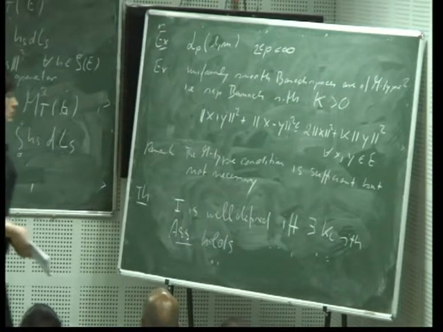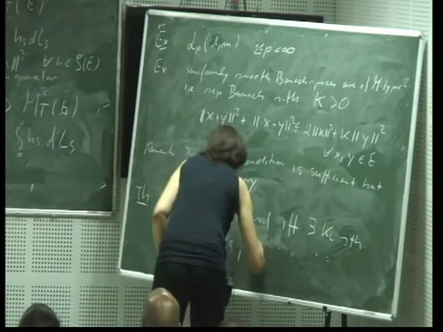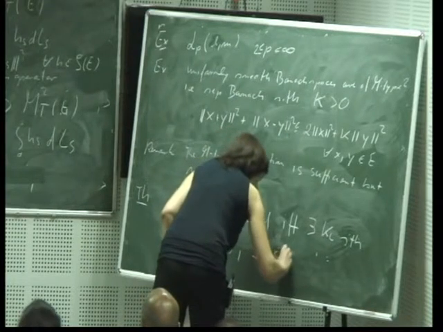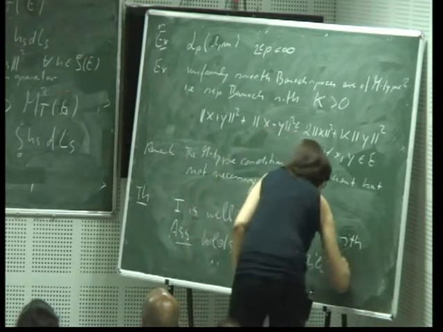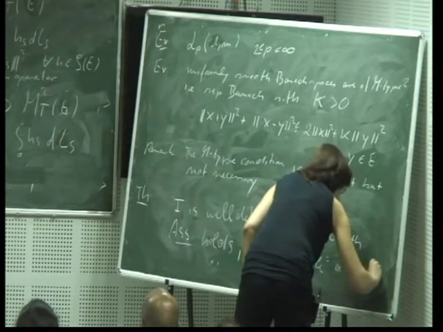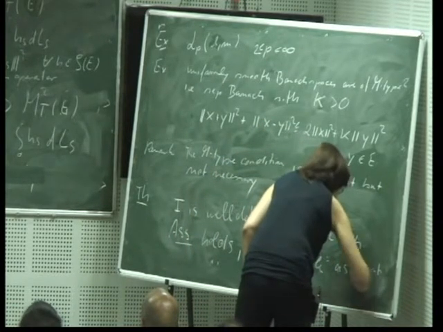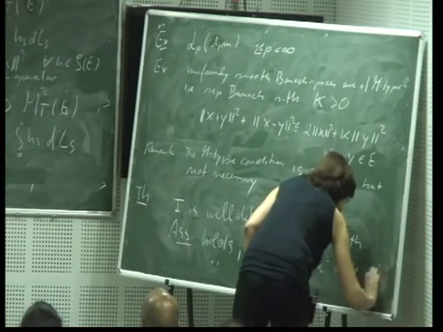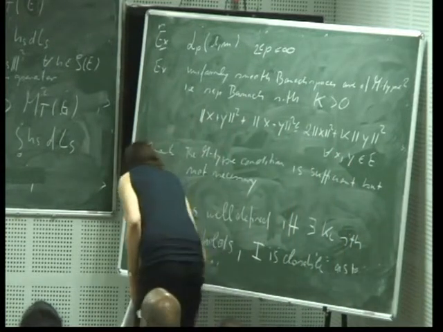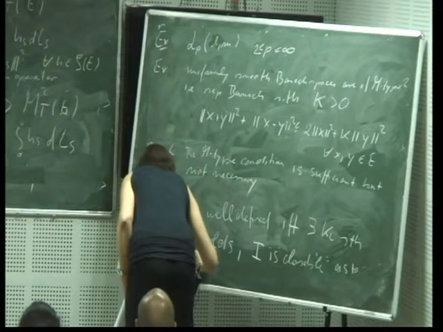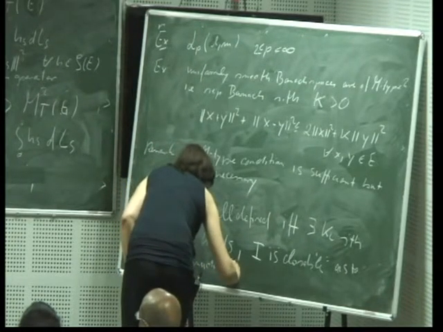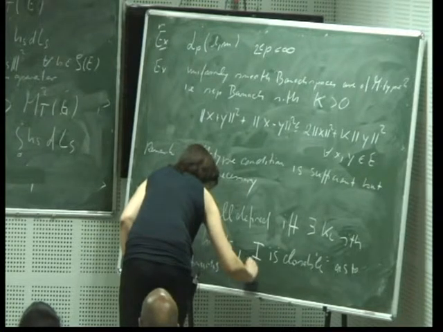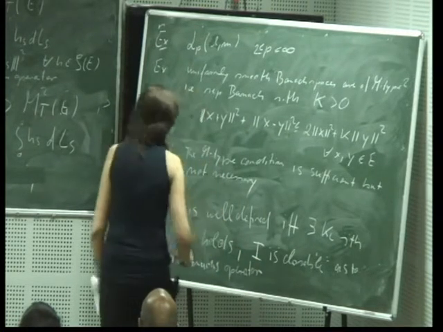So in other words, E is closable as a continuous operator. On the sample function, it is always defined, right, as a Lebesgue-Stieltjes operator.